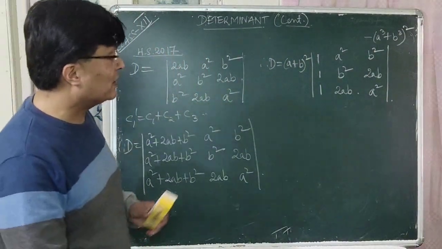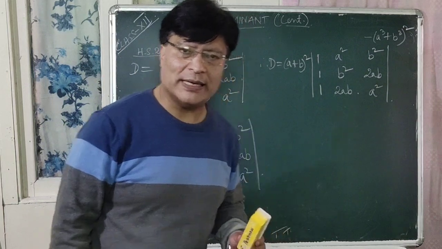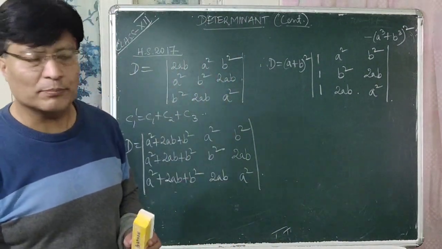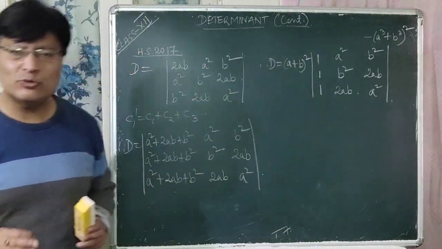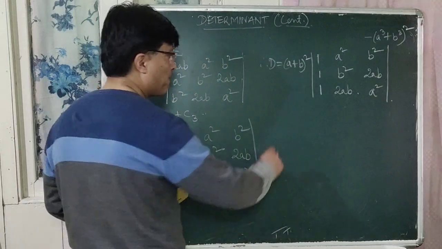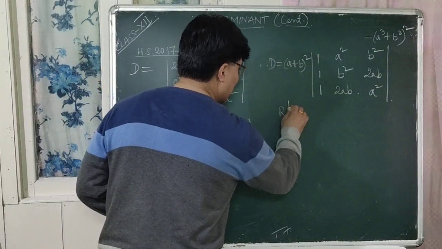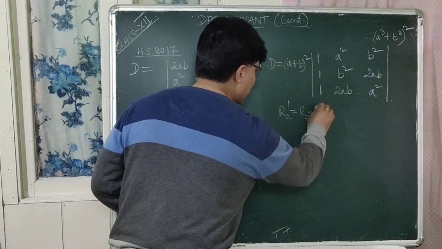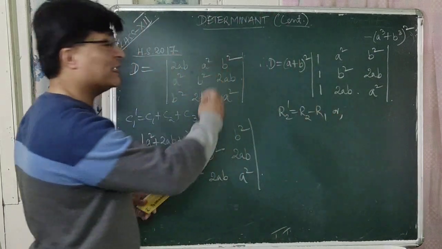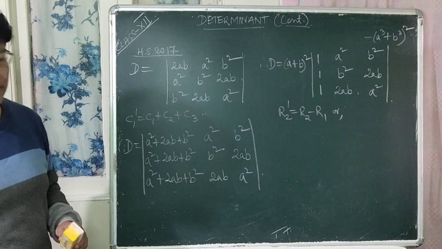Now we see here that there are three elements the same, that is 1, 1, 1 in the first column. So you can make any two of these ones 0. Okay, so how can you make it? You can write R2 dash is equal to R2 minus R1, or you may write R1 dash is equal to R1 minus R2 also.